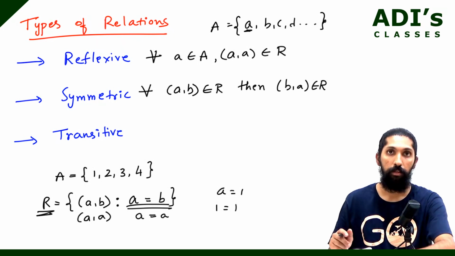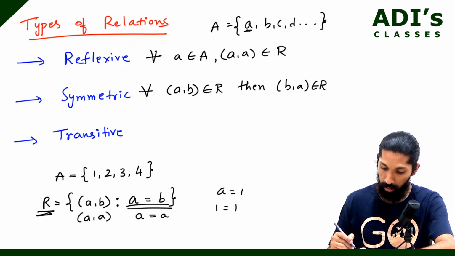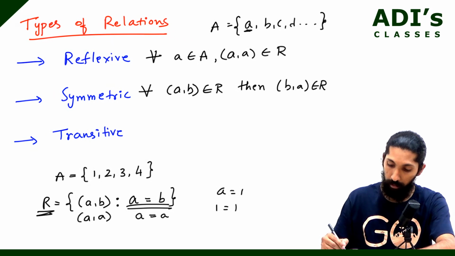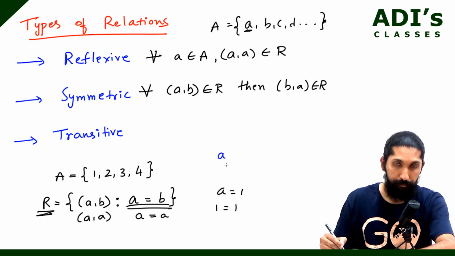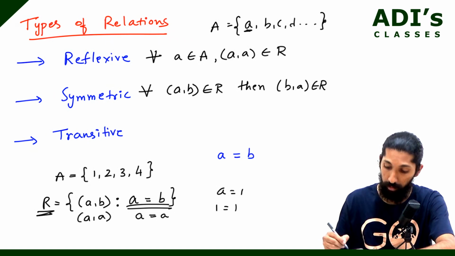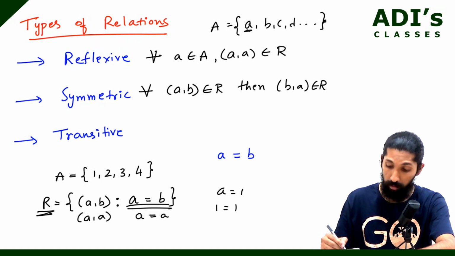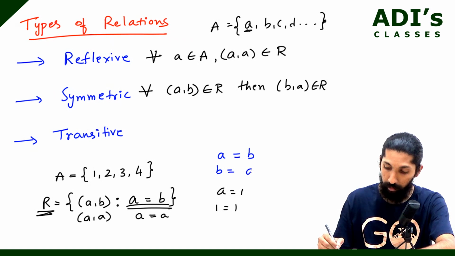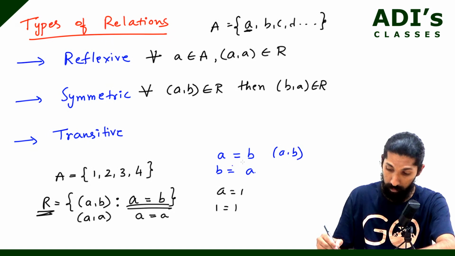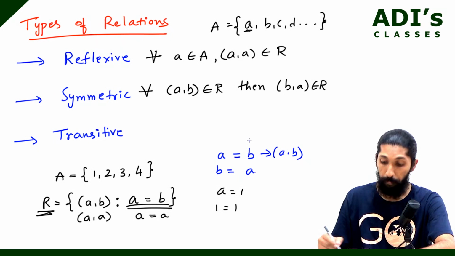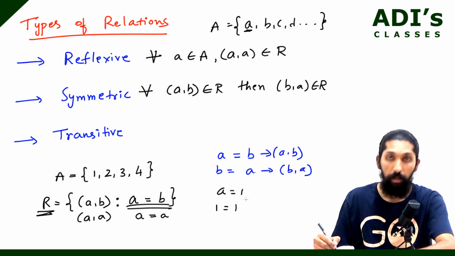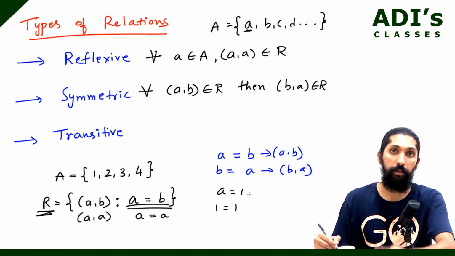Here, if you have (a, b) and you know that a is equal to b, then you can say b is also equal to a, correct? Now a is equal to b represents (a, b), and b is equal to a represents (b, a). So this is basically symmetric.